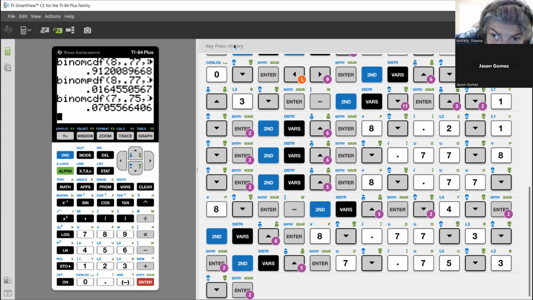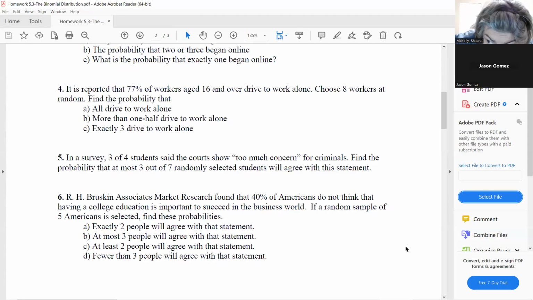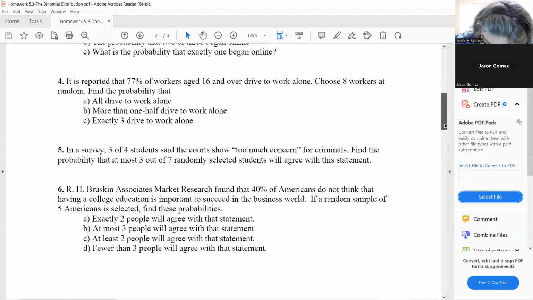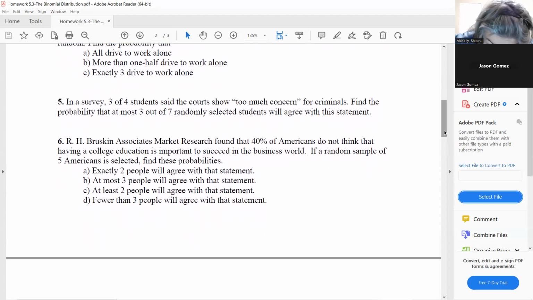Okay, let's do the next one. Now we have, let's see. Okay, so 6 has multiple parts. But let's find our N and our P so we can figure this out.